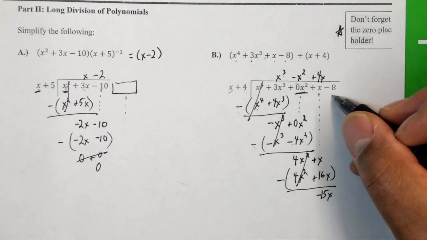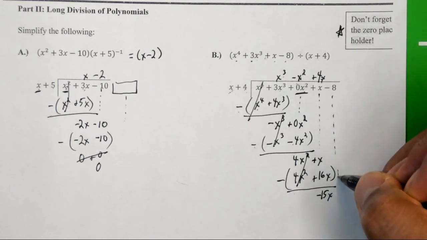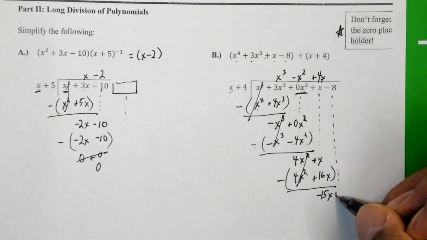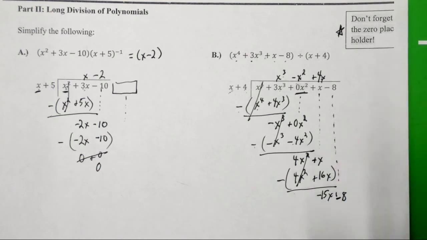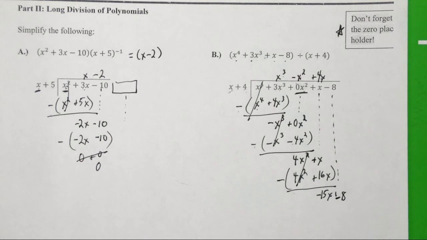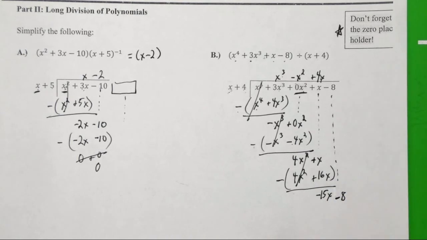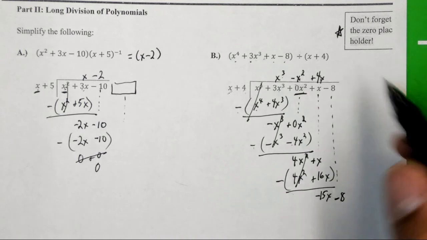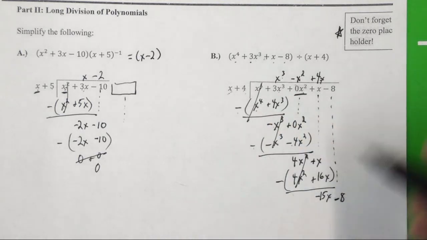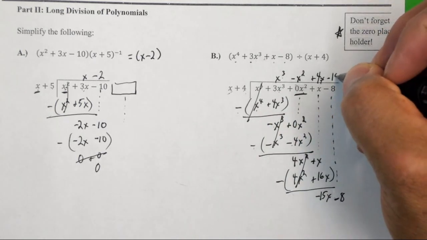And then finally bring down our last term, which is minus 8. Give me a second to white out that little half a plus sign I drew. Look at that. It's like it was never there. And then we repeat the process one more time. X goes into negative 15x, negative 15 times.